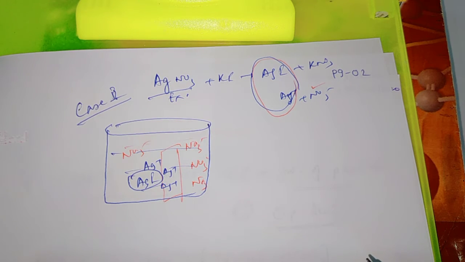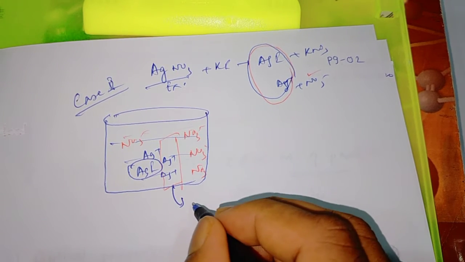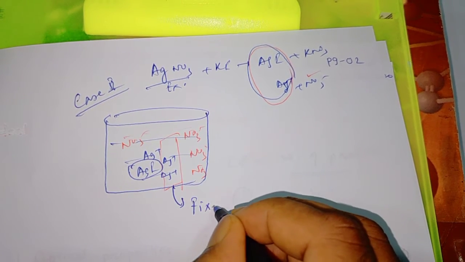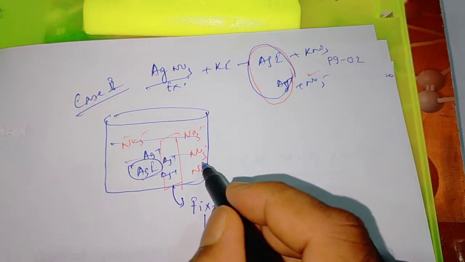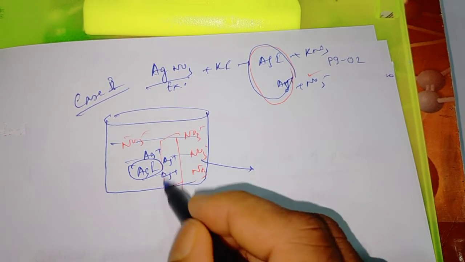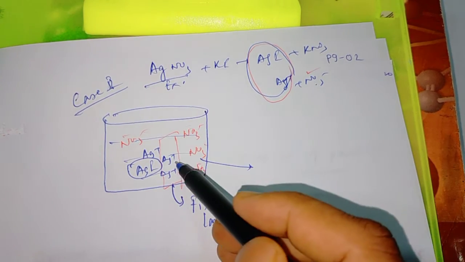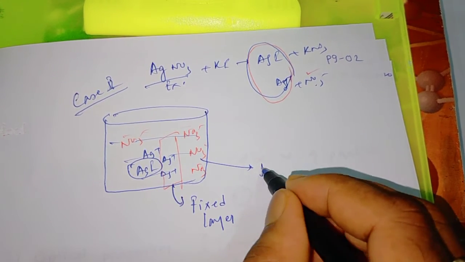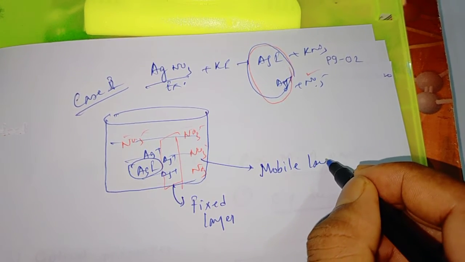So the layer of this silver ion is called your fixed layer, and this positive layer attracts the negative that is present in the solution towards it. This one is called your mobile layer.